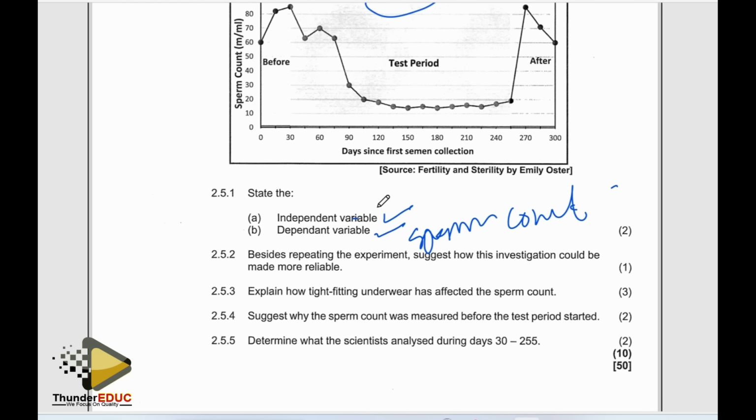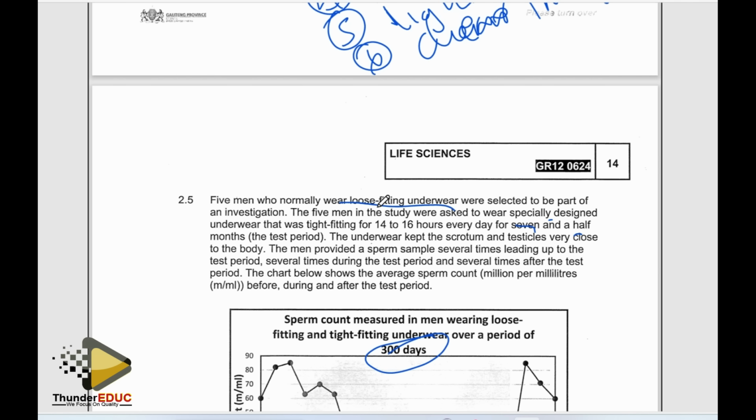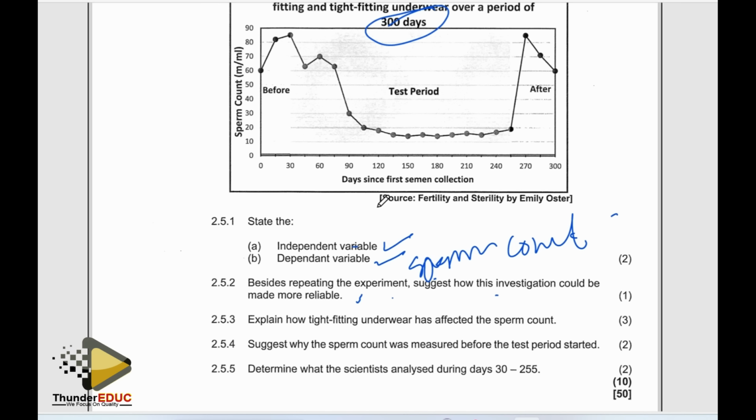Besides repeating the experiment, suggest how this investigation could be made more reliable. So basically, you have to increase the number of individuals, not only 5, but more individuals who are subjects to the investigation.